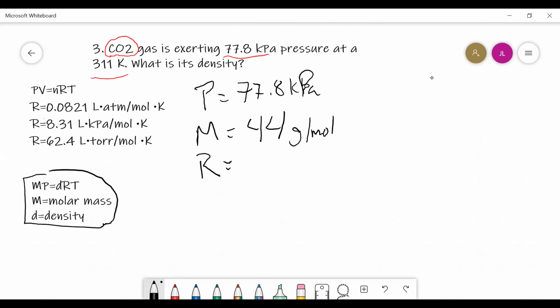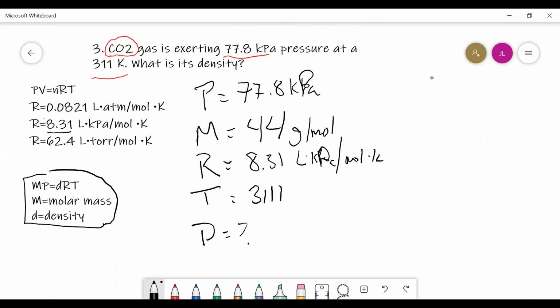Since we are using kilopascals, we want to use the R value of 8.31 liters kPa per mole Kelvin. Our density, again, is our unknown. Temperature in this case is 311 Kelvin.